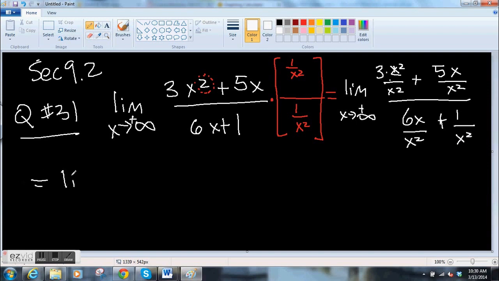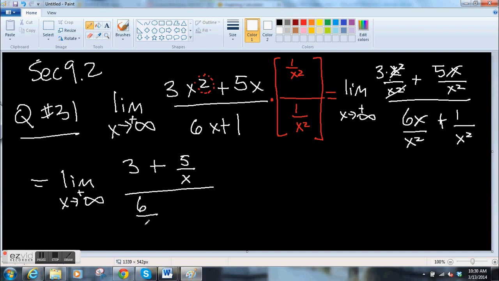This is fun. Equals what? I always like to write the limit, let's be all pure and mathy. Those cancel. So that's 3 plus 5 over x, all divided by 6 over x plus 1 over x squared.